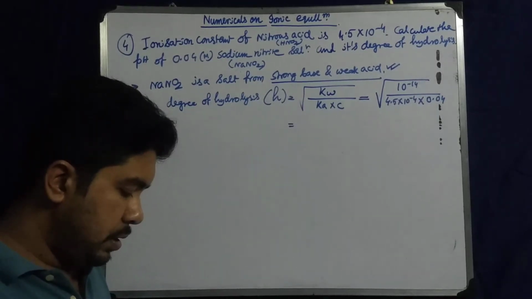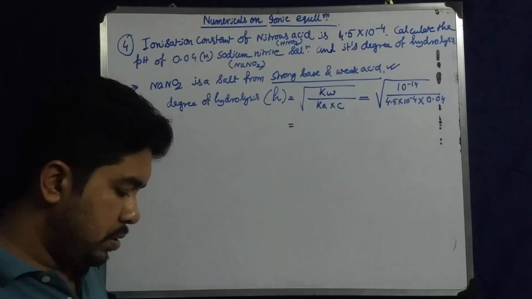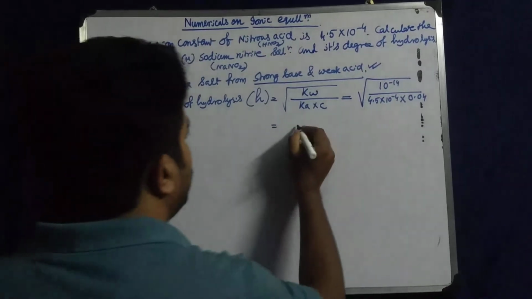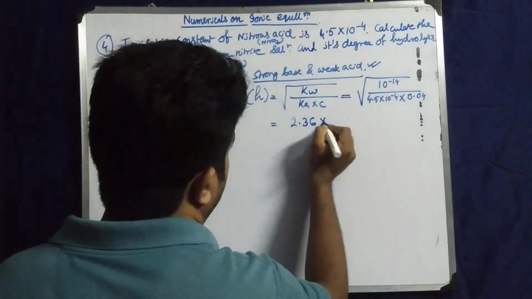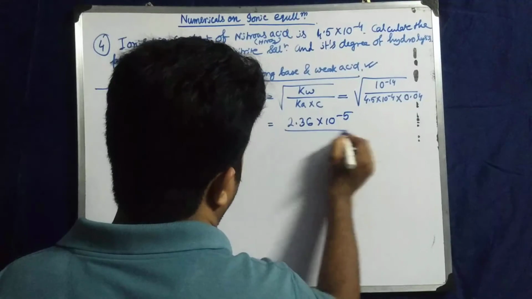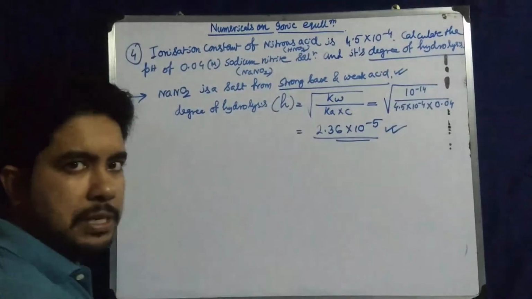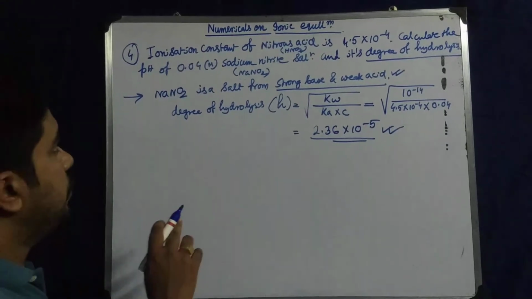Yes, then root. So it will be, yes, 2.36 into 10 to the power minus 5. So we got the second answer, degree of hydrolysis. We got h is the degree of hydrolysis. The first one is what?